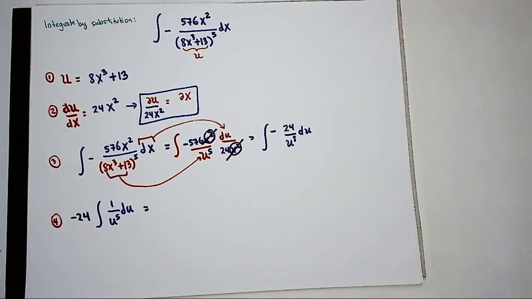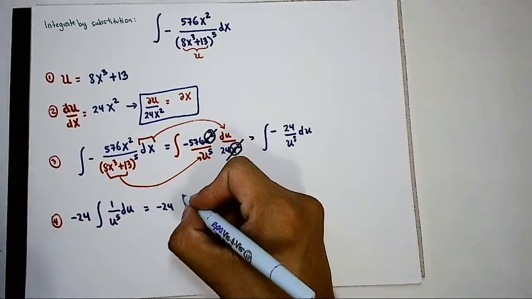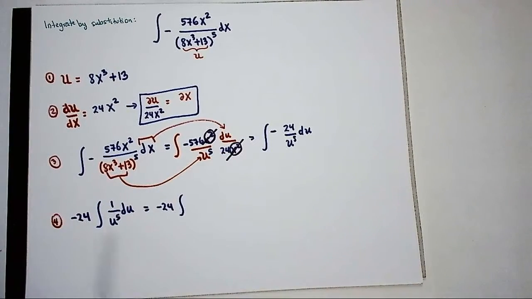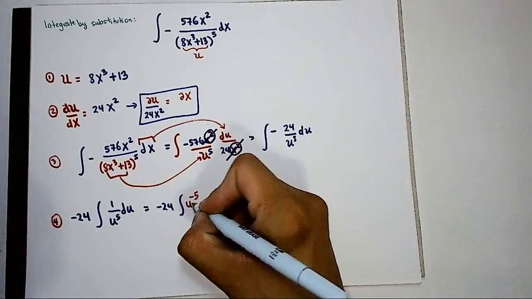But in order to make it clearer, let's move u to the numerator as u to the negative 5.